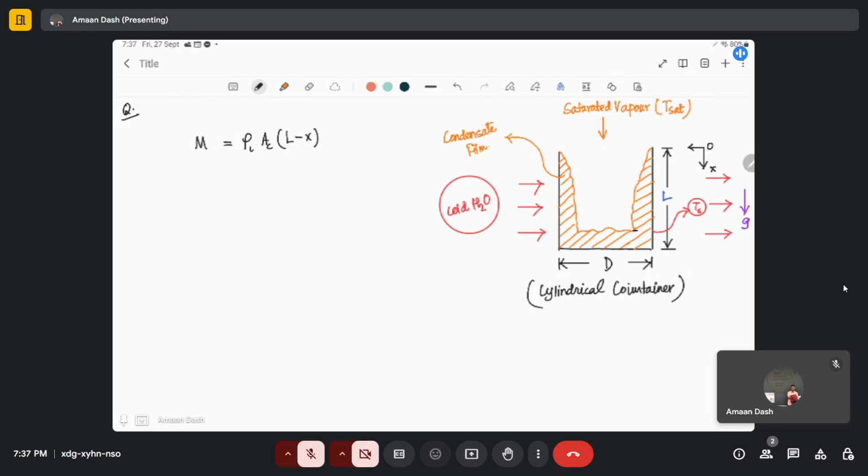Now this mass is changing with respect to time, so we can write the change in mass as dm by dt. Correct.